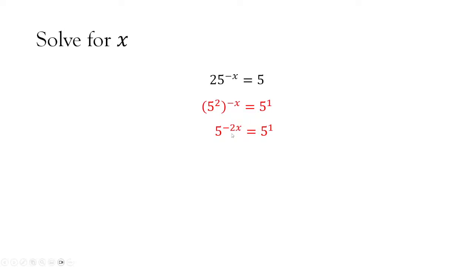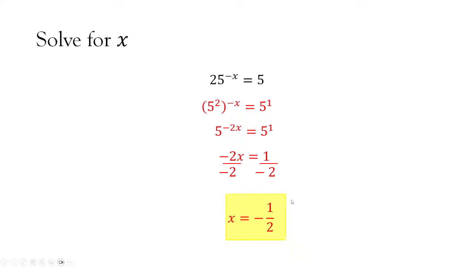That is, negative 2x, the left exponent, is equal to the right exponent, 1. This is also why I wrote 5 to the 1 power, just so that we know it's going to be a 1 on the right. Let's divide by negative 2 to solve for x, giving me x is negative 1/2. And clearly, negative 1/2 is not going to simplify, giving us our final answer.